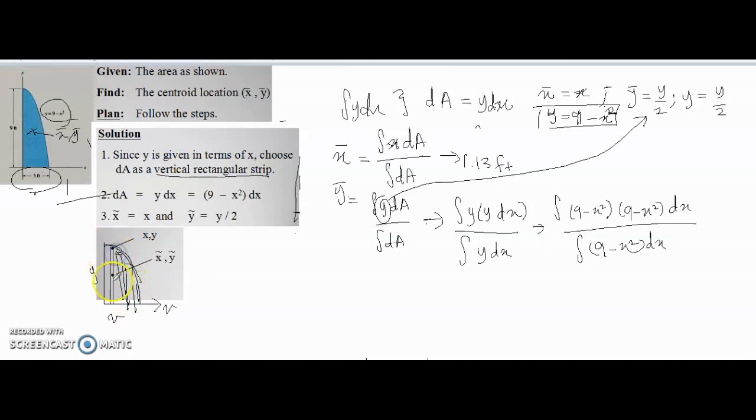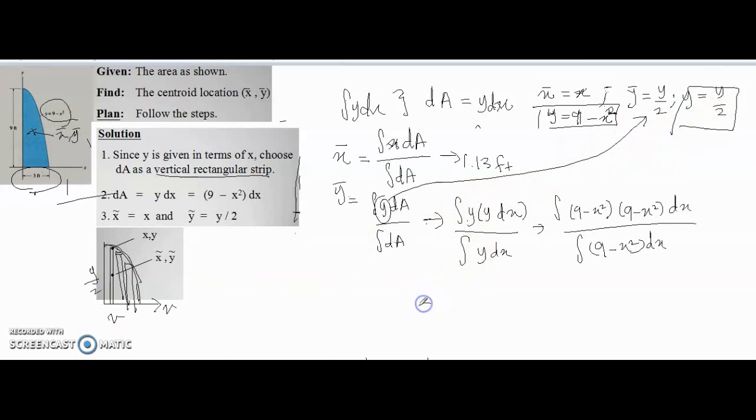Okay, so because this is the center, so it must be half of the value of y here. So any changes must be half of the y, so y over 2. So this one is also y, we must change the y here with y over 2, half of the y.